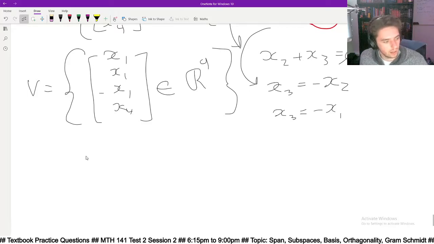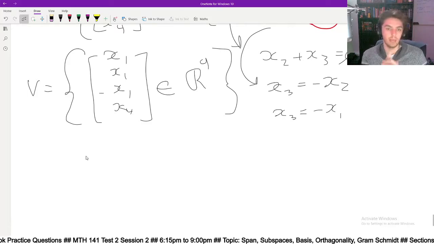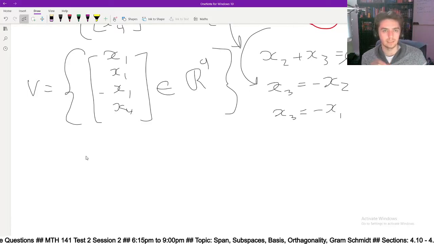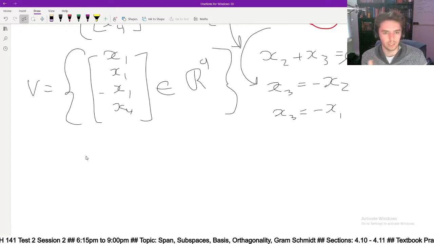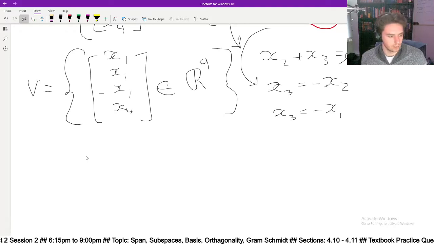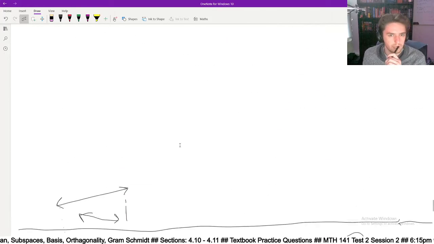So I can find the basis for this, just because the basis is the vectors whose linear combinations make up the space. Why do you have to sub in for 3 variables? Before I subbed in for 1 because I only had one condition.